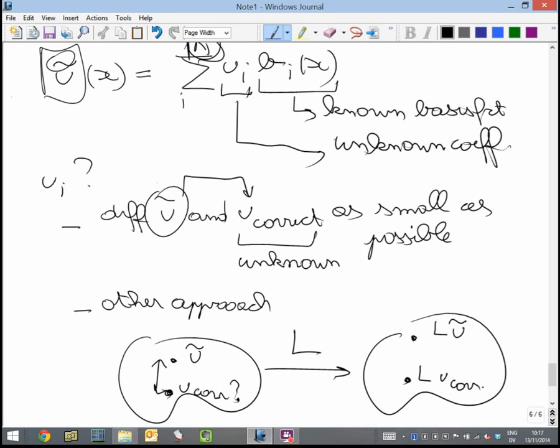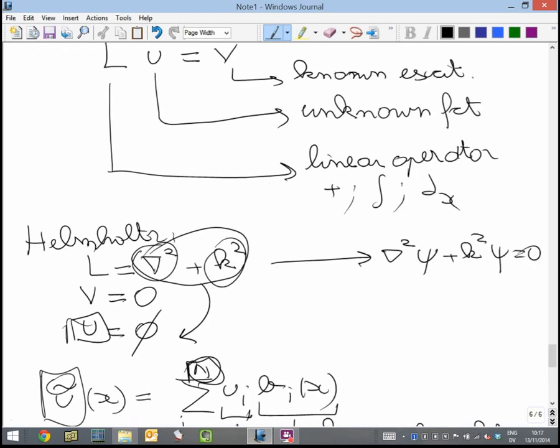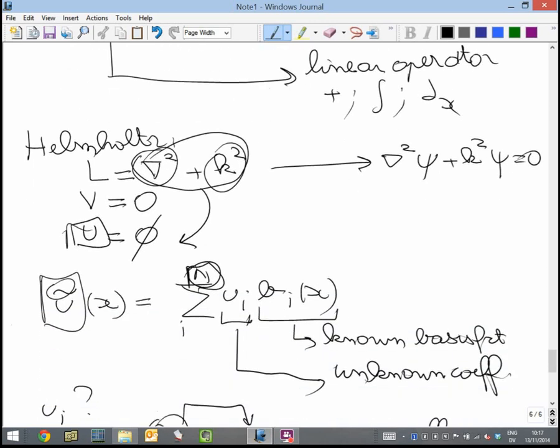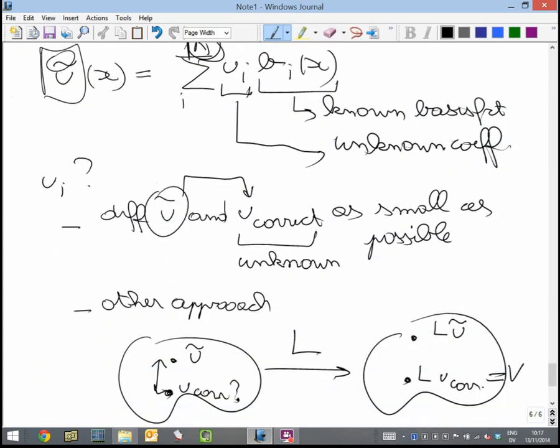What has happened now? We don't know what U correct is, but do we know what L operating upon U correct is? Yes, that's equal to V, simply because U correct is a solution to our equation: L U is equal to V. So now we're in a different situation.